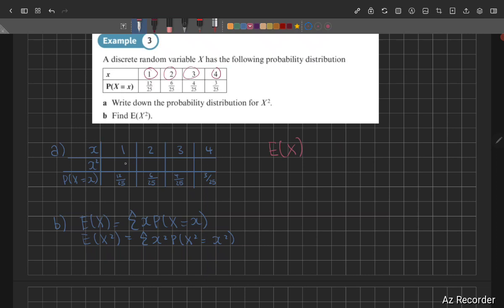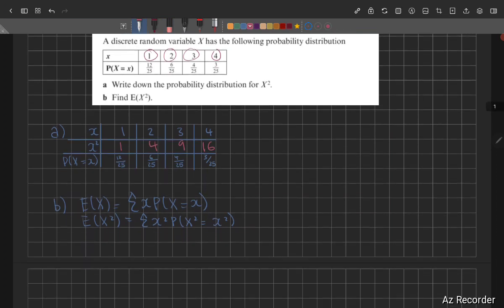If x is 1, then 1 squared is equal to 1, 2 squared is equal to 4, 3 squared is equal to 9, and 4 squared is equal to 16. And we simply put these in here: 1, 4, 9, 16.